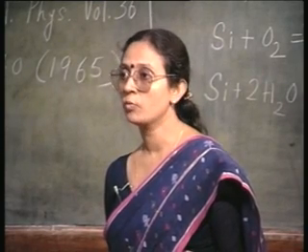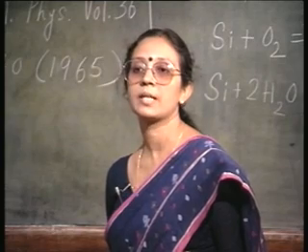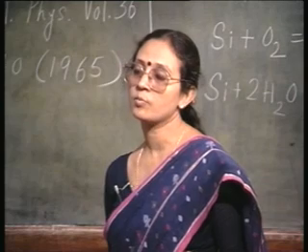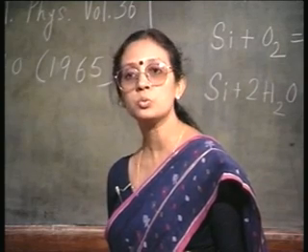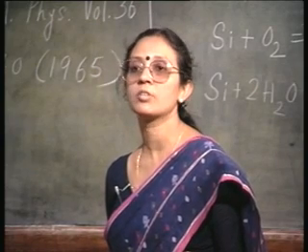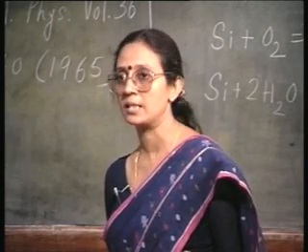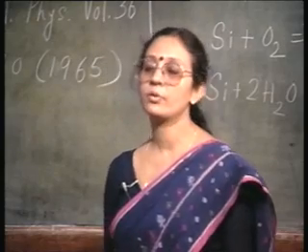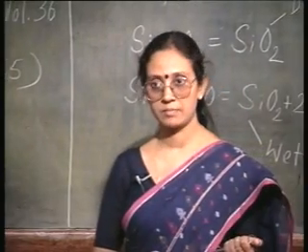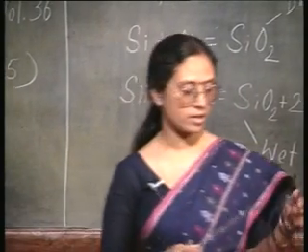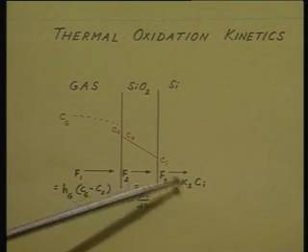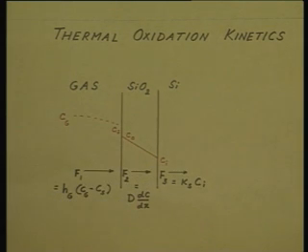One is the movement of the oxidizing species from the gas stream to the oxide gas interface, then the movement of the oxidizing species through the existing silicon dioxide layer, and then finally the reaction of the oxidizing species at the silicon dioxide interface. Therefore, I can say there are 3 fluxes associated with this. The 3 fluxes are marked here as F1, F2 and F3.